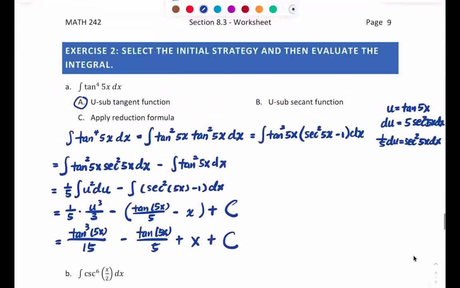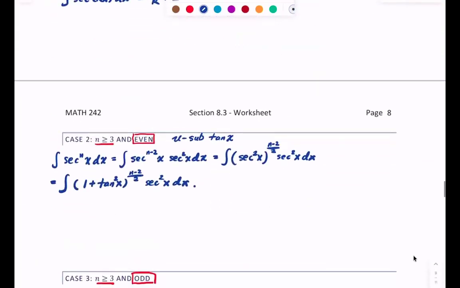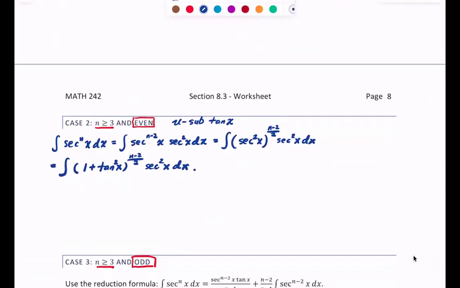Let me put the strategy here, so it's easy for you to make the reference and you don't have to flip the page. You want to mirror image it now because now you do the cosecant.